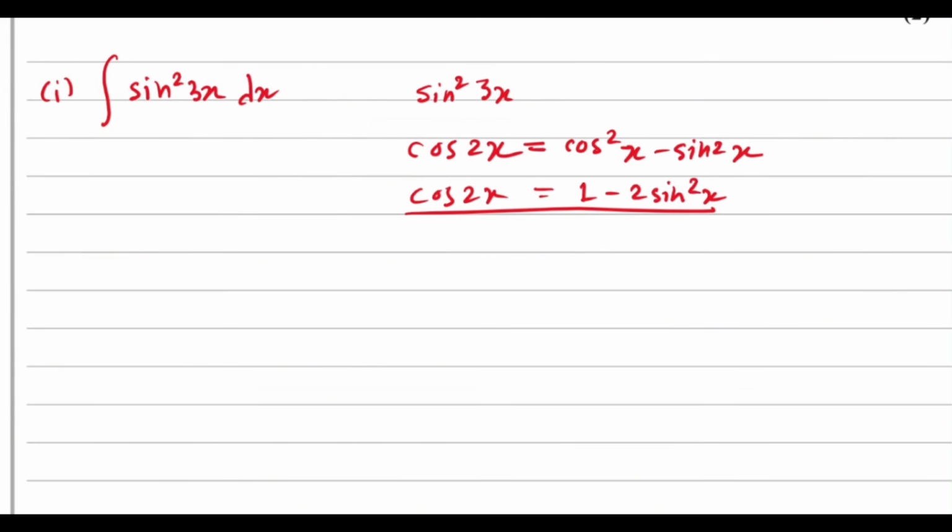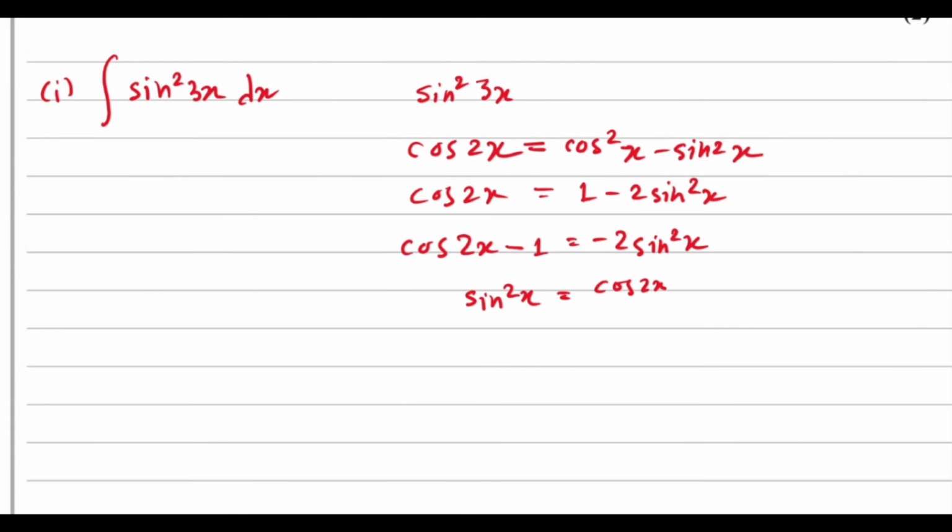From here, we can see that if we make sin squared x the subject of the formula, we get cos 2x minus 1 equals minus 2 sin squared x. Dividing by minus 2, we get cos 2x divided by minus 2 minus of minus 1 by minus 2.